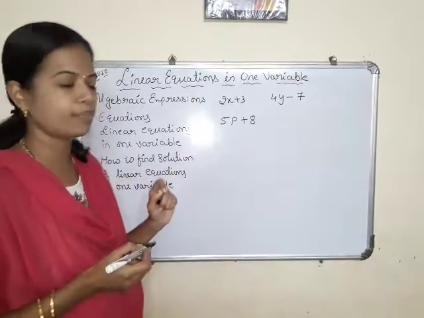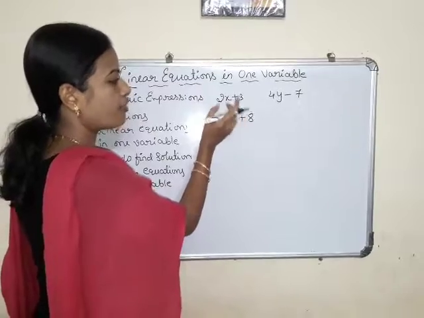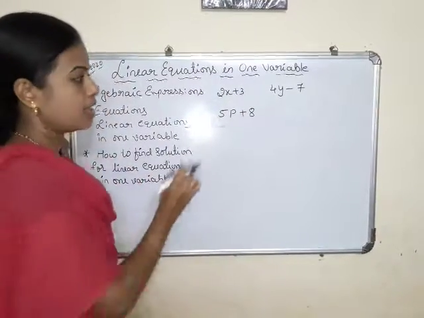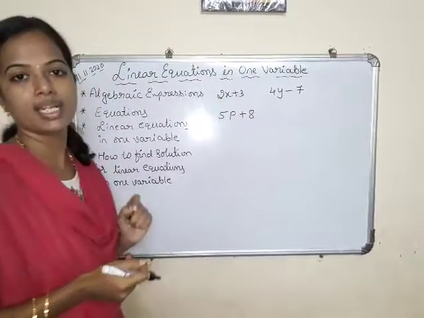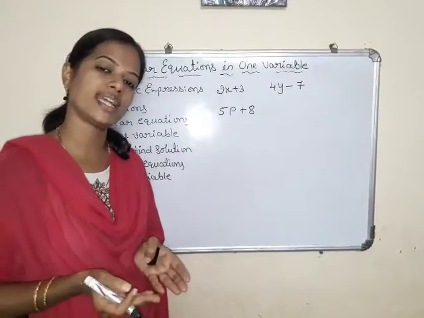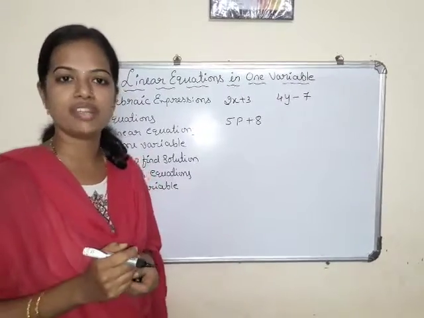One more time I am going to repeat: an algebraic expression is a combination of constants and variables connected with basic mathematical operations. Mathematical operations are nothing but plus, minus, multiplication and division.